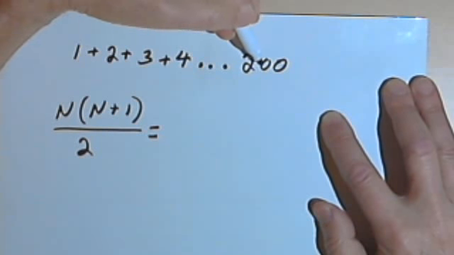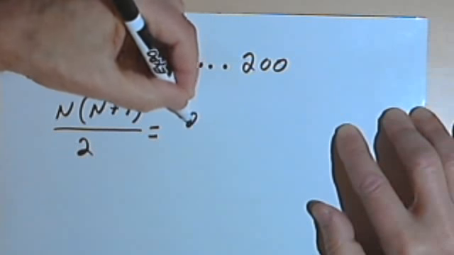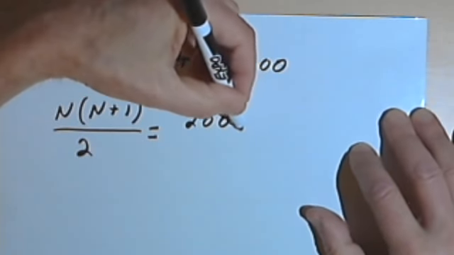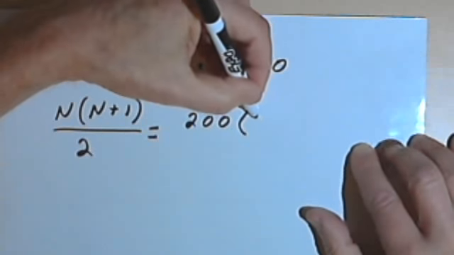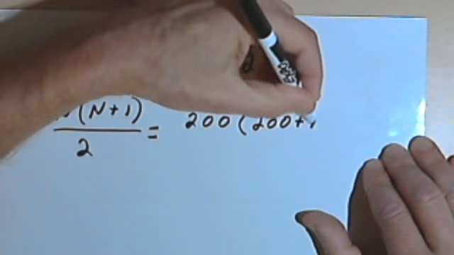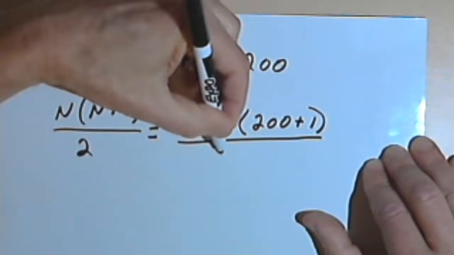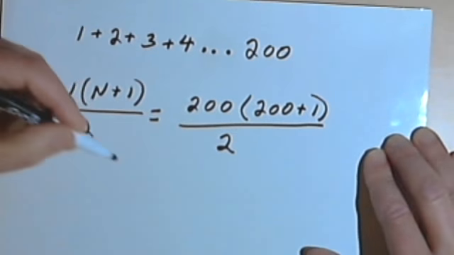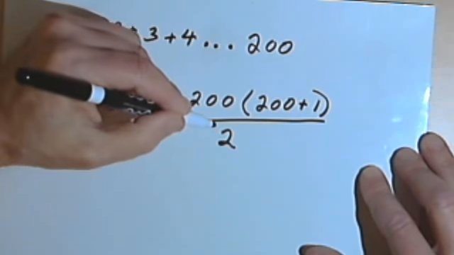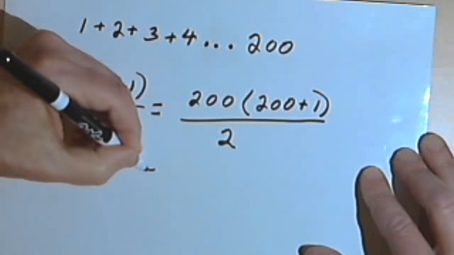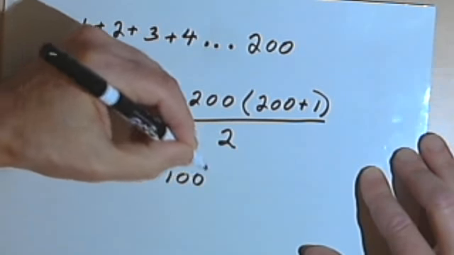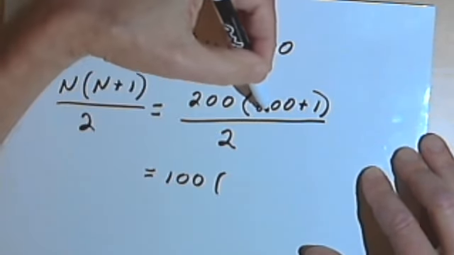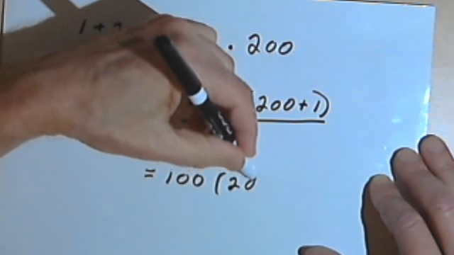It's the last number I have. And n plus 1 will be 200 plus 1. I'm going to divide that by 2. Okay, so 200 divided by 2 is going to be 100. And then I'm going to multiply that times 200 plus 1, which is 201.